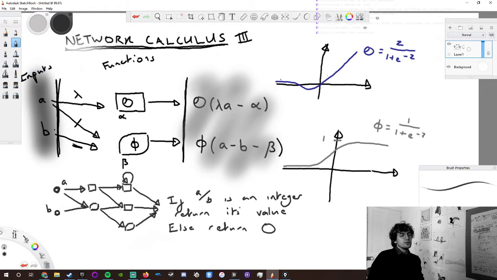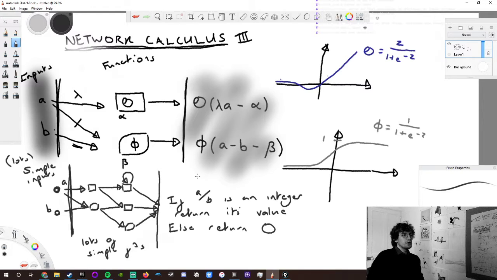So with these simple operations, we want to build up to a system where we put in simple inputs, but potentially lots of them. We put them through lots of simple functions, and they're all going to be this weighted sum of the function with some bias.